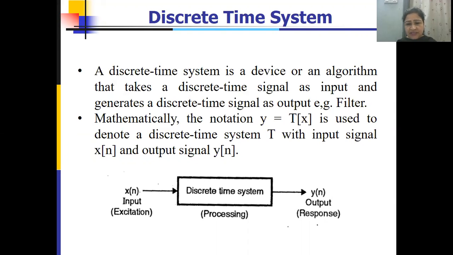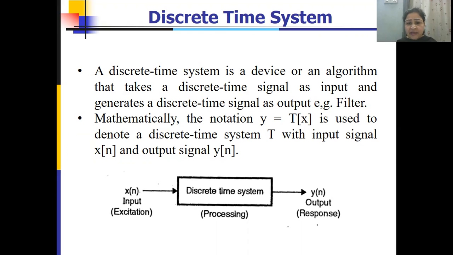The most common example of a discrete time system is a digital filter. For example, we have a low pass filter. Whenever a noisy signal is given to a low pass filter, the low pass filter removes the effect of the noise and generates a clean signal.